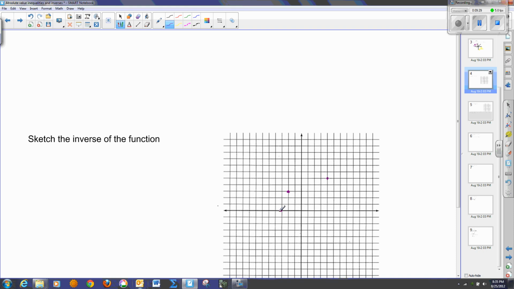And draw a graph associated with that. So this blue graph is going to be my f of x. And I want to sketch the inverse of that graph. So again, if I'm going to sketch the inverse, it must reflect over the line y equals x, which is here.